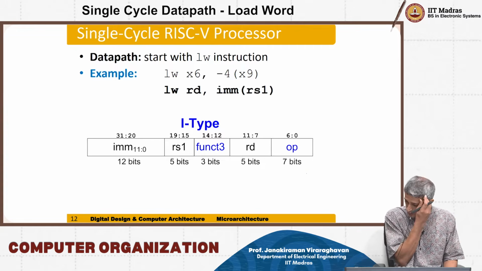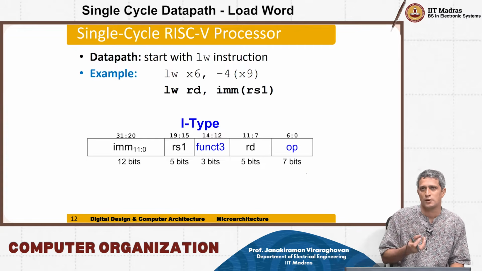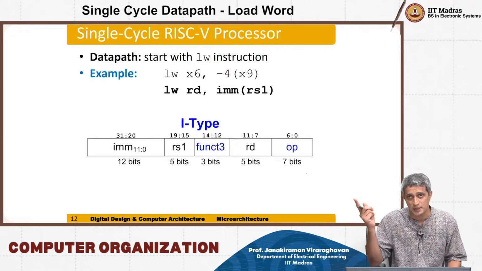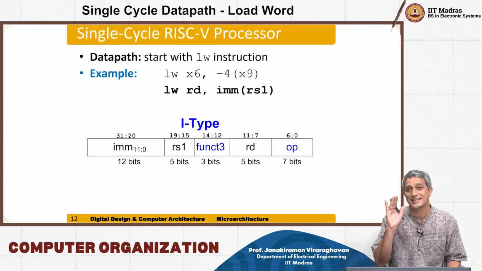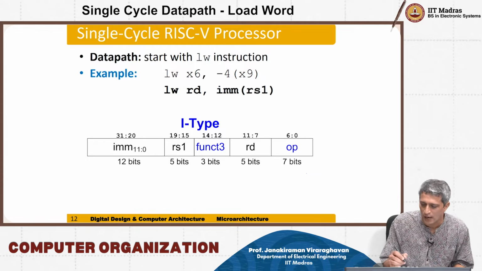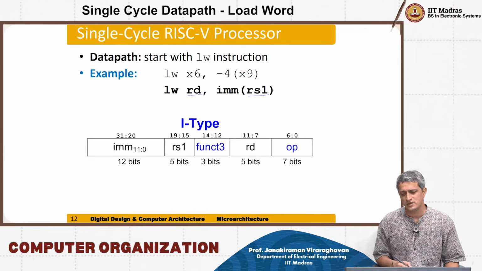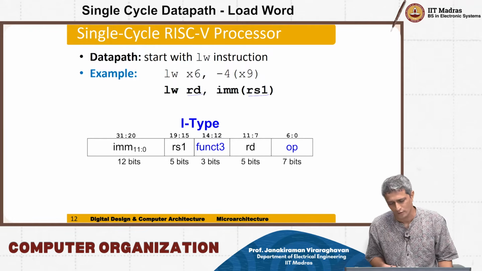What is this going to do? It's going to take the contents of register X9, subtract 4, treat that as an address, get the data from data memory, and write it back to the register X6. So you have one destination register and an RS1 register with some immediate data that you are going to add or subtract.